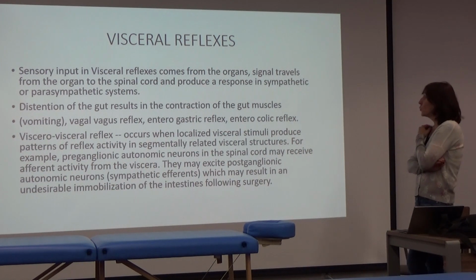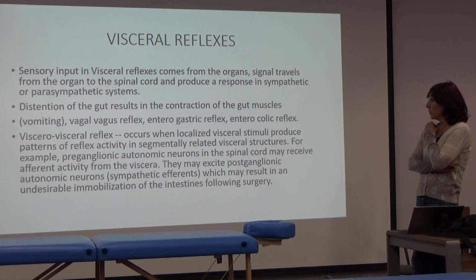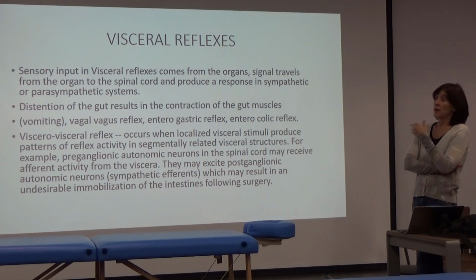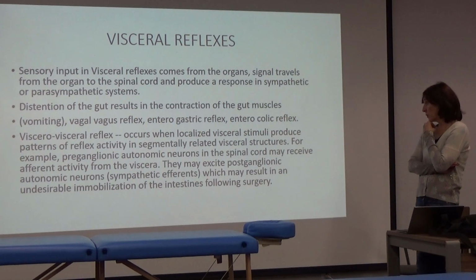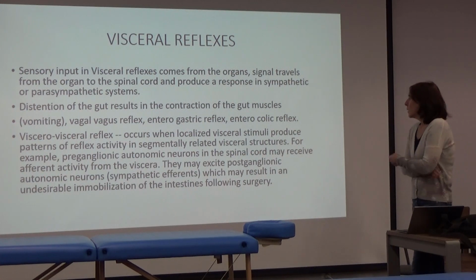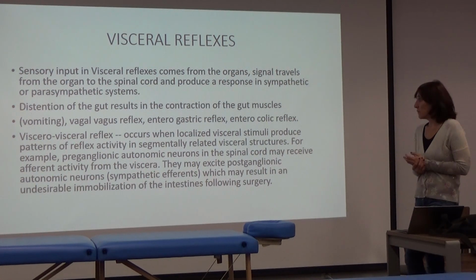Visceral reflexes occur when localized visceral stimuli produce a pattern of reflex activity in segmentally related visceral structures. For example, we can have preganglionic autonomic neurons in the spinal cord, and they might receive any kind of activity from the viscera. They may excite postganglionic autonomic neurons, sympathetic efferents, which may result in undesirable immobilization of the intestines, for example, after surgery.